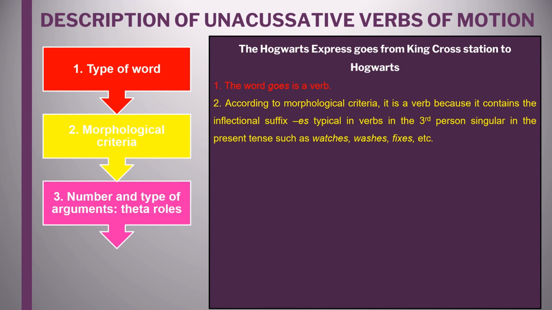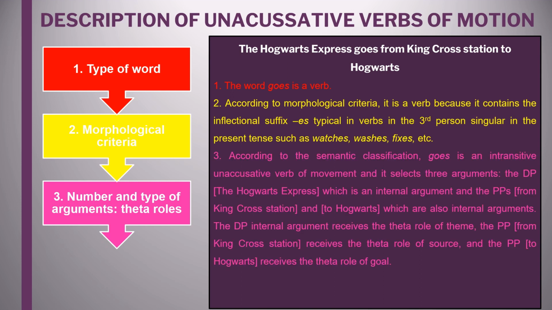Thirdly, we describe the type and number of arguments the verb selects and the theta roles assigned to them. According to the semantic classification, goes is an intransitive and unaccusative verb of movement, and it selects three arguments: the DP the Hogwarts Express, which is an internal argument, and the PPs from King's Cross Station and to Hogwarts, which are also internal arguments.